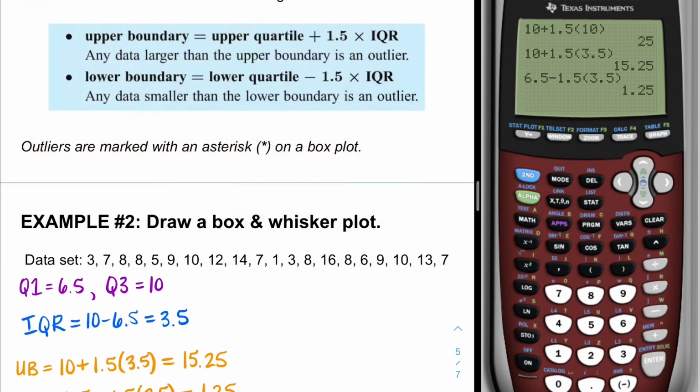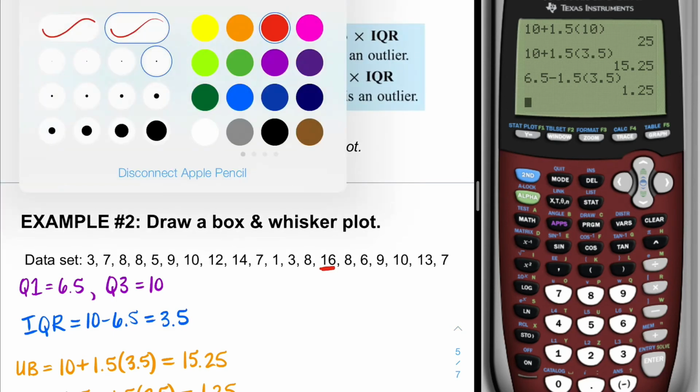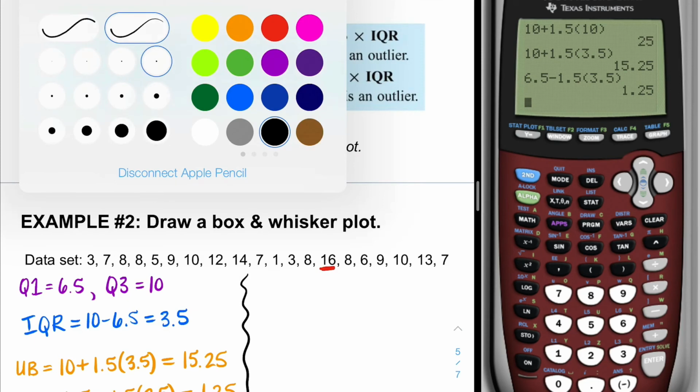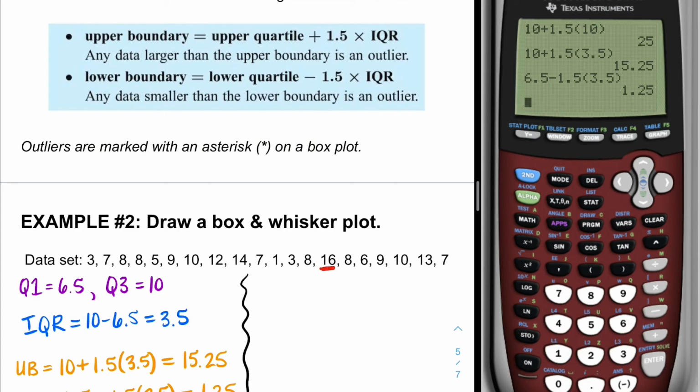As you can see, the outlier that I have is 16. 16 is an outlier here. So when I draw my number line, I'm going all the way from 1 to 20. Let's see if I have enough room. I have to do 2, 4, 6, 8, 10, 12, and so on.